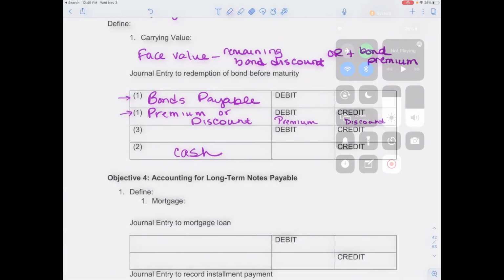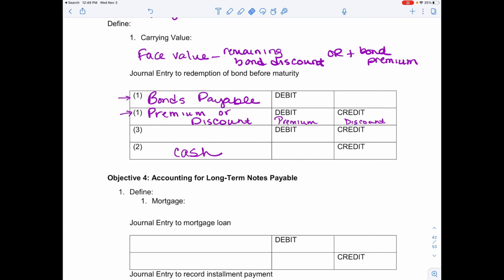And then the difference between my debits and my credits here between step 1 and step 2 is to record that loss or gain on bond redemption.